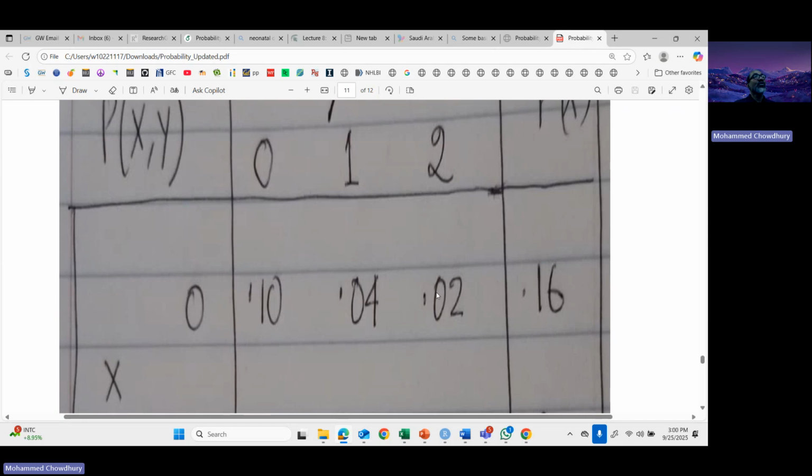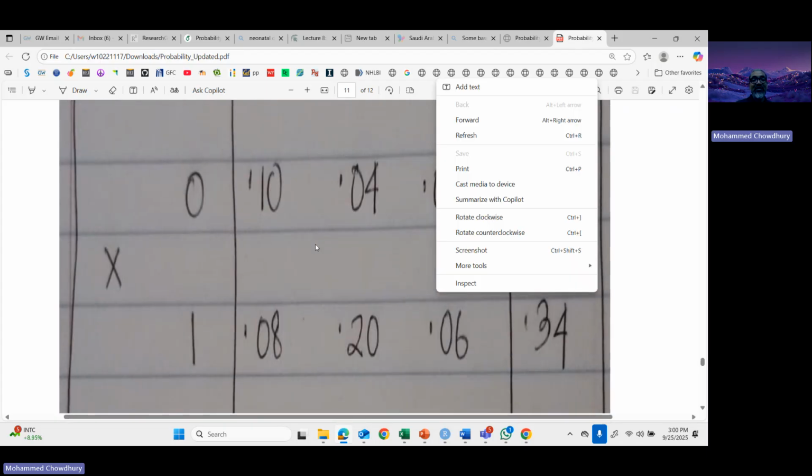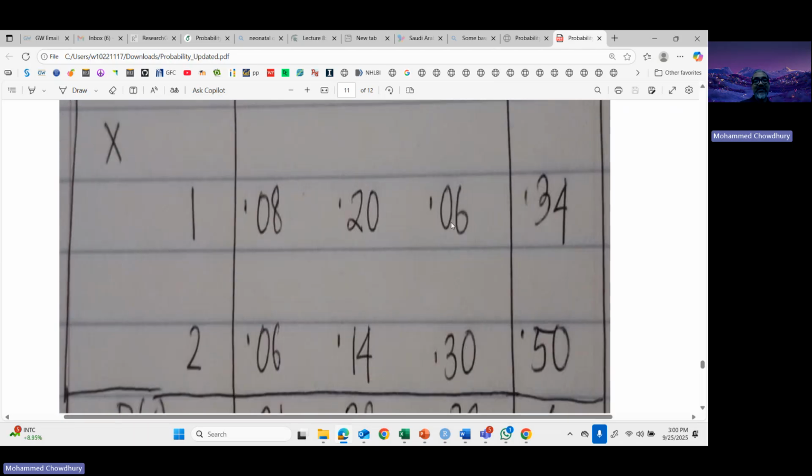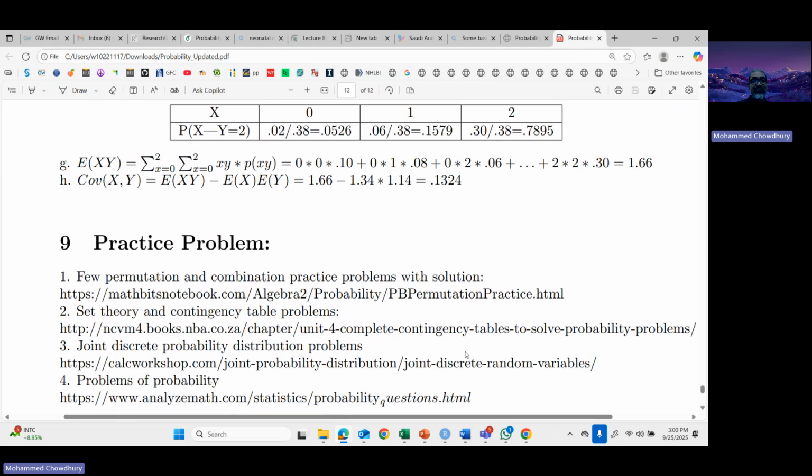Fortunately, 0 times anything will be 0, right? So that means I do not need to be worried about the first row and first column. I just need to be worried about these. Why? Because 0 times anything equal to 0. Clear, right?